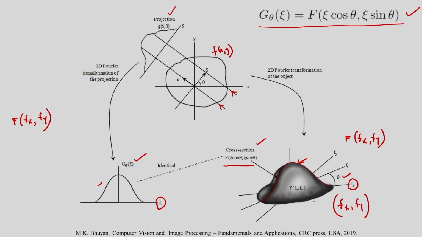So if I consider the projections for all the angles, they will generate the entire profile F(fx, fy). After this, if I take the inverse Fourier transform of this, that will give f(x,y), the reconstructed f(x,y).